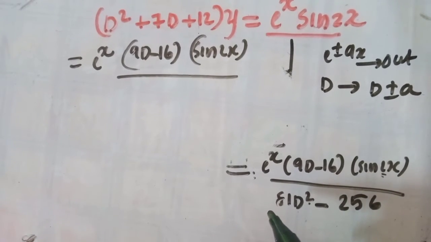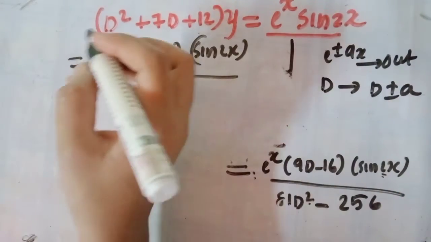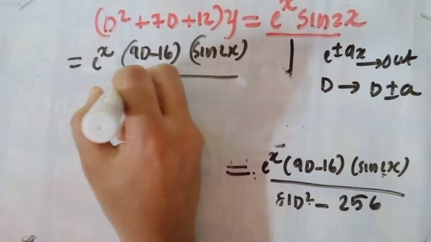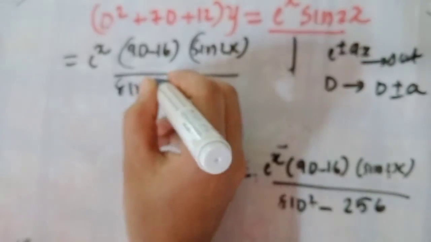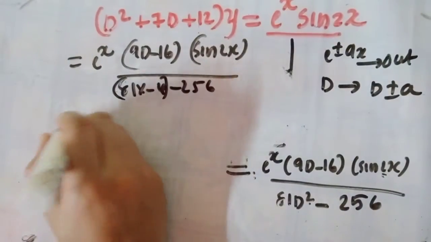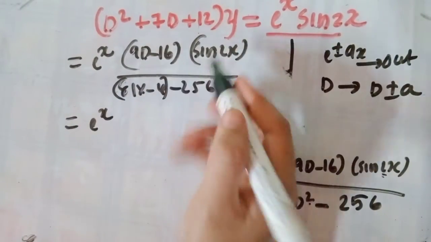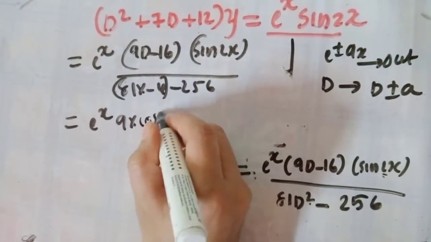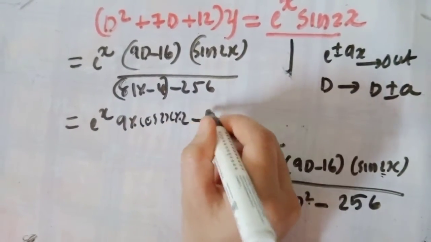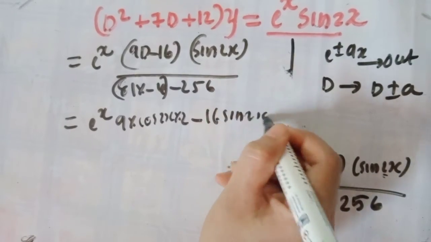After substituting minus 4, we get 81 into minus 4 minus 256, which is minus 580. In the numerator, 9D of sine 2x is 9 into the differential of sine 2x, that is cos 2x into 2, minus 16 sine 2x.